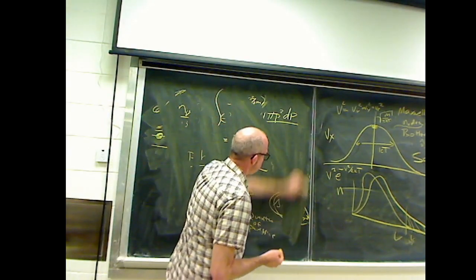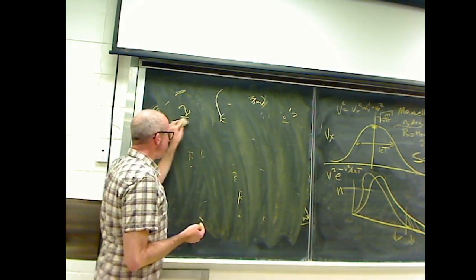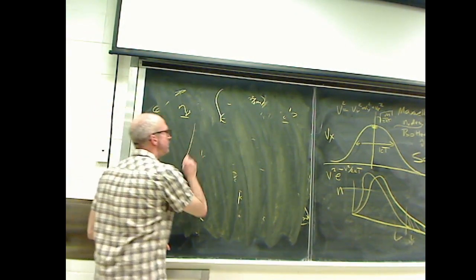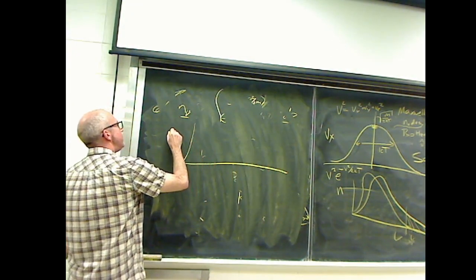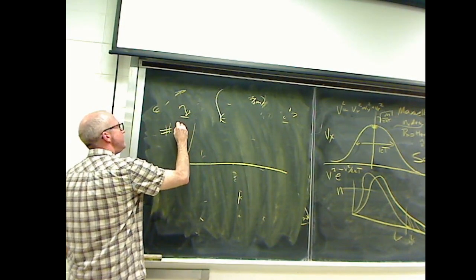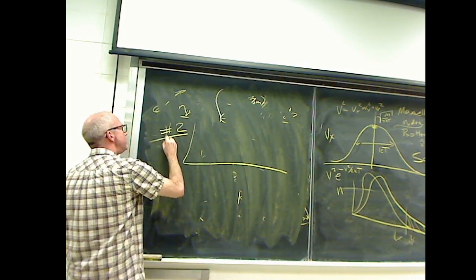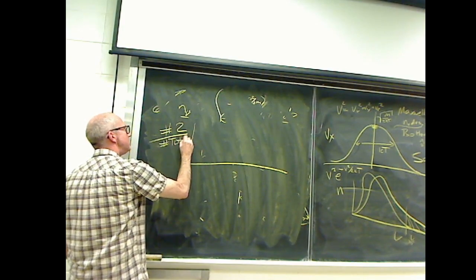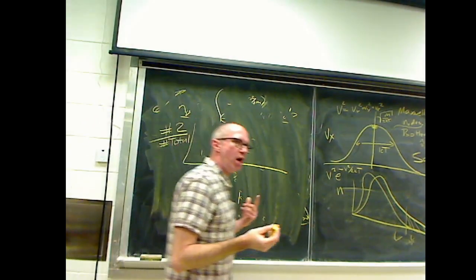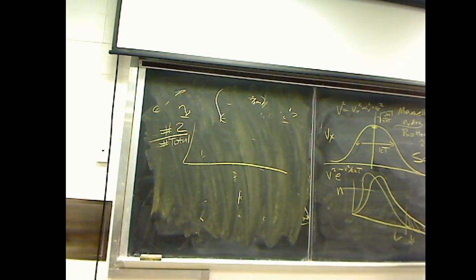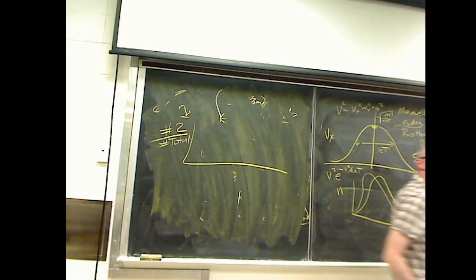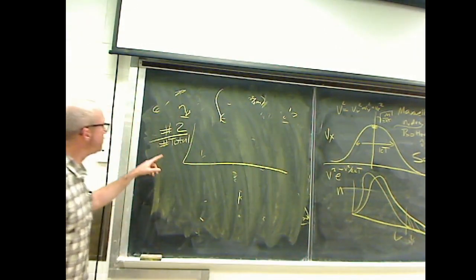The important bit, here's what I want to get to, is if I want to look at the number in the second excited state relative to the number total, this is going to be my Balmer line. So this is how many are up here to absorb my Balmer photons relative to the total.